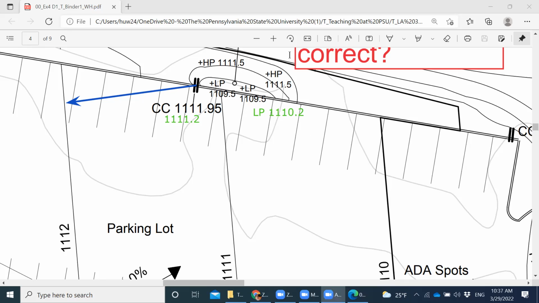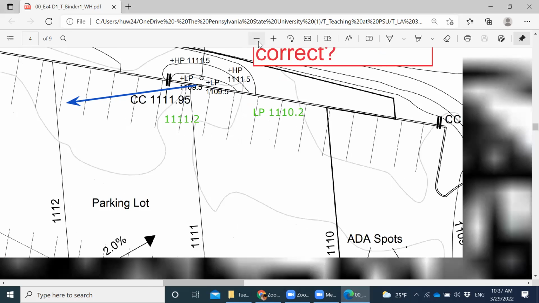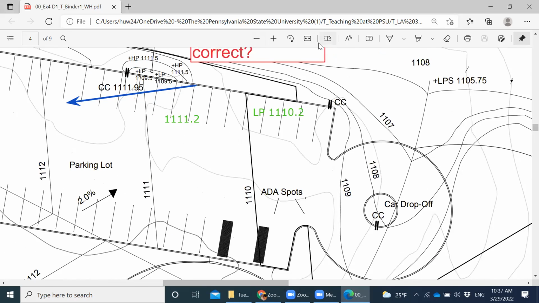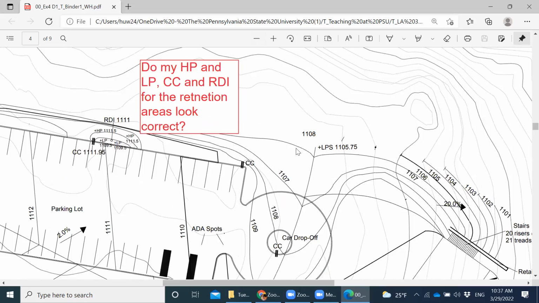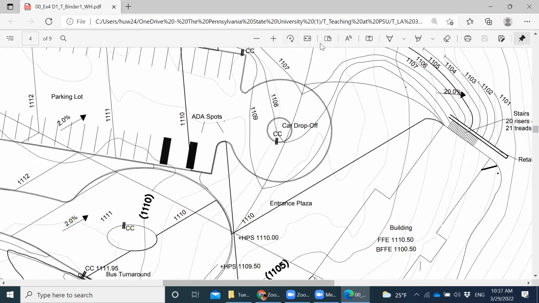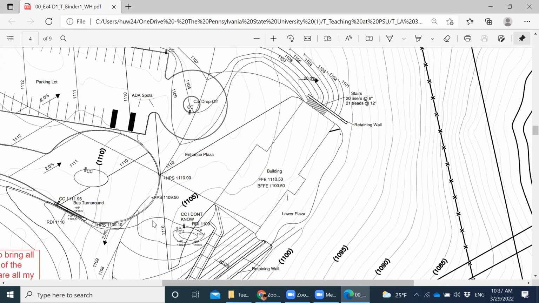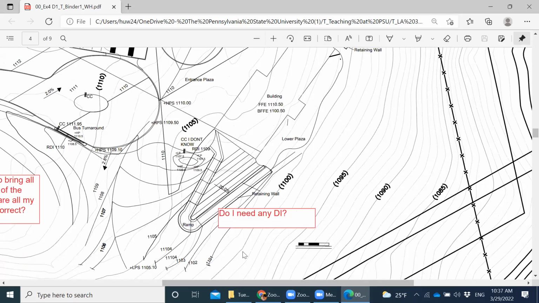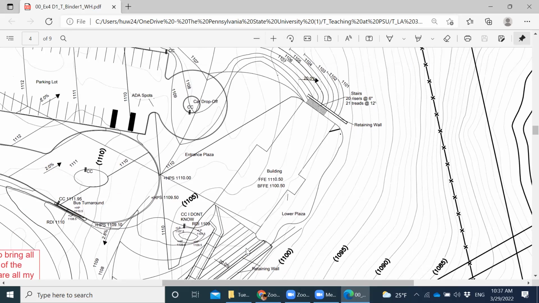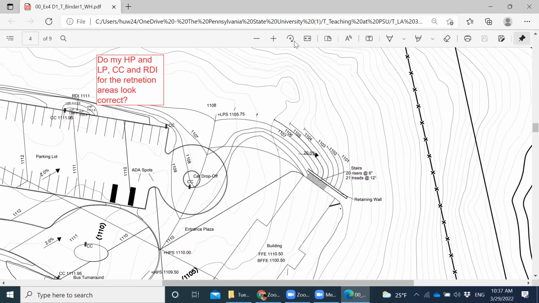Let me zoom out. Your DI would be wherever there is a dead corner. So locations like this one, if you don't have a DI, water will be ponding there.